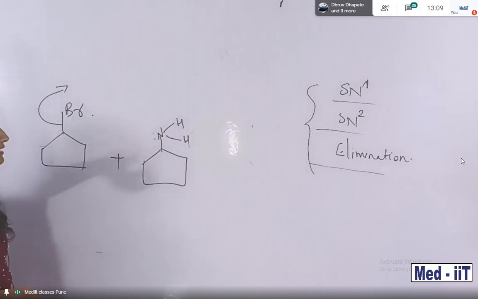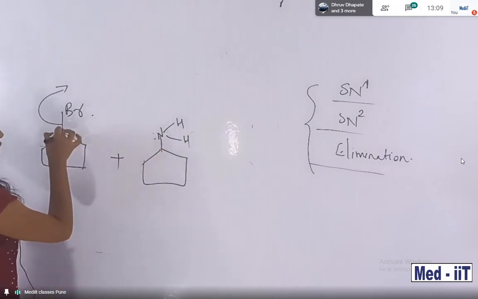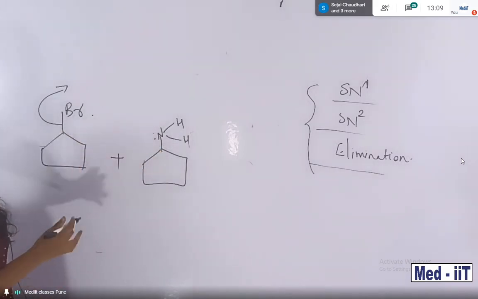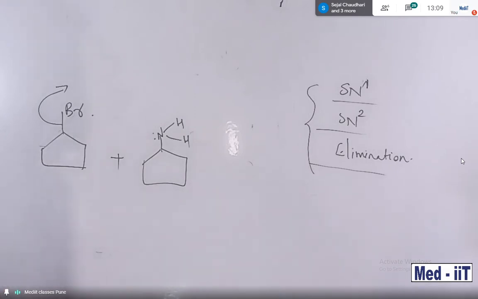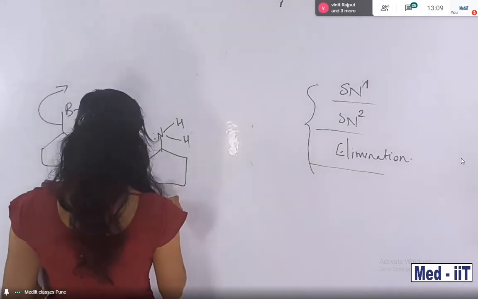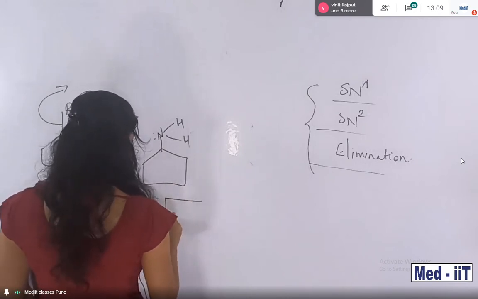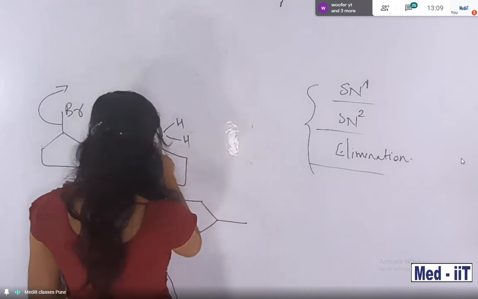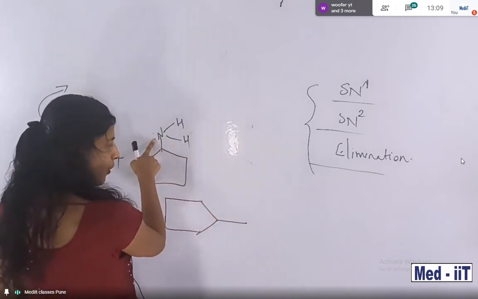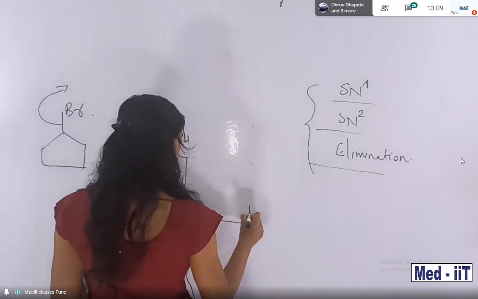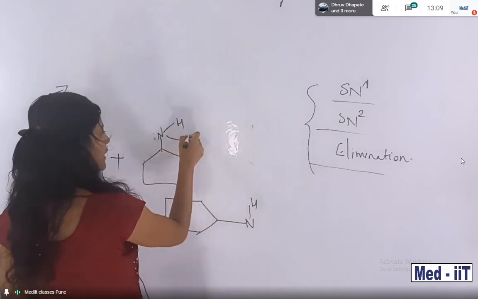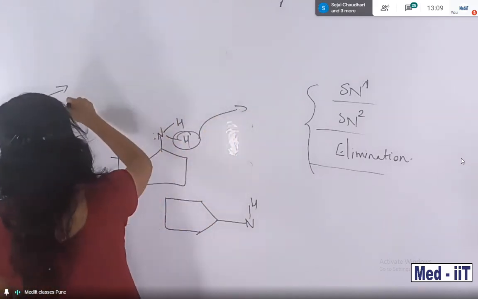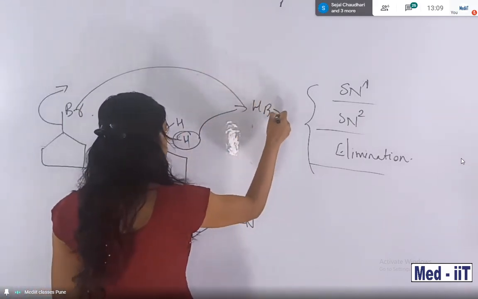The leaving group is eliminated. The same carbon here makes a bond, and then hydrogen also leaves as HBr. So it becomes 1, 2, 3, 4 like this, and then makes a bond. The lone pair is providing a bond. So nitrogen is there, one hydrogen is already there. This hydrogen is removed with the help of bromine, so HBr is formed and removed.